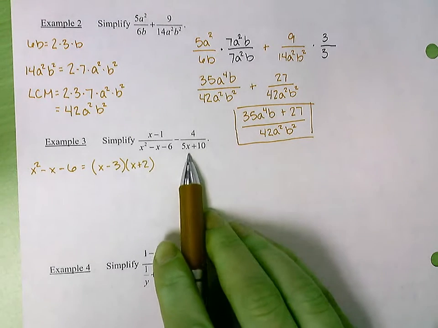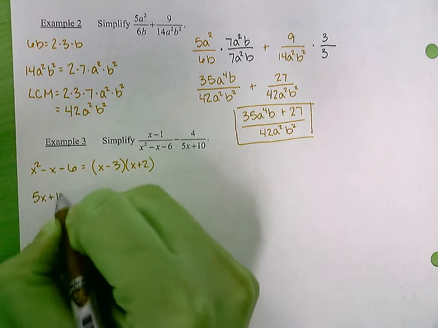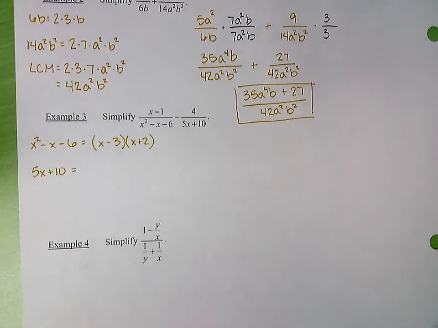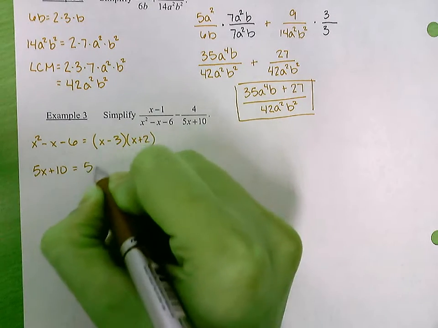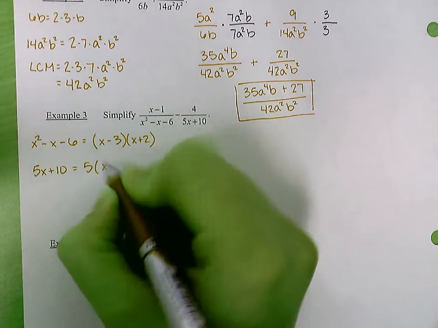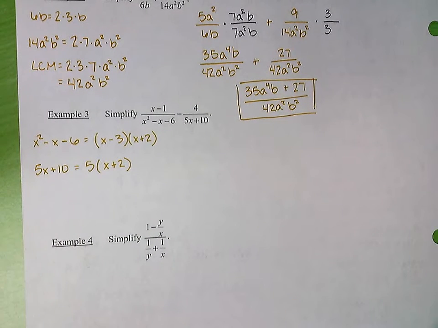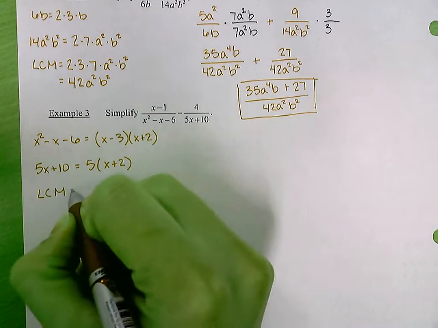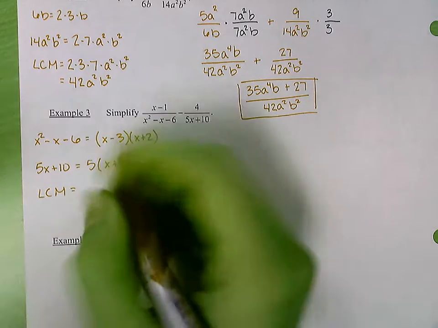Okay, then we have our other denominator. That is 5x plus 10. And we want to factor that as well. Both of those terms include a 5, so we can factor out a 5. What we have left is x plus 2 then. Okay, so our least common multiple, we have this whole term here.